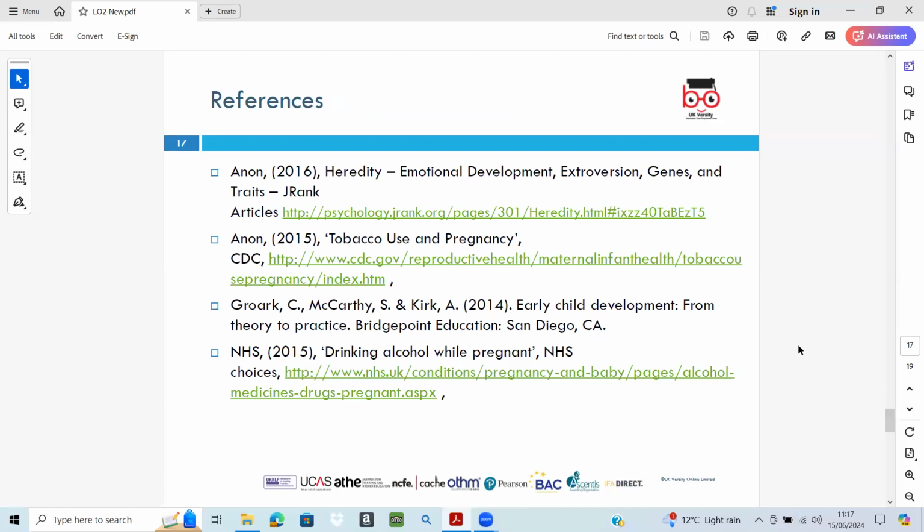Oh, this is the last slide. So we can say that the impact of various factors on human development is important. Throughout our exploration of genetics, environmental influences, socioeconomic factors, major life events, and lifestyle choices, we discussed the nature versus nurture debate.